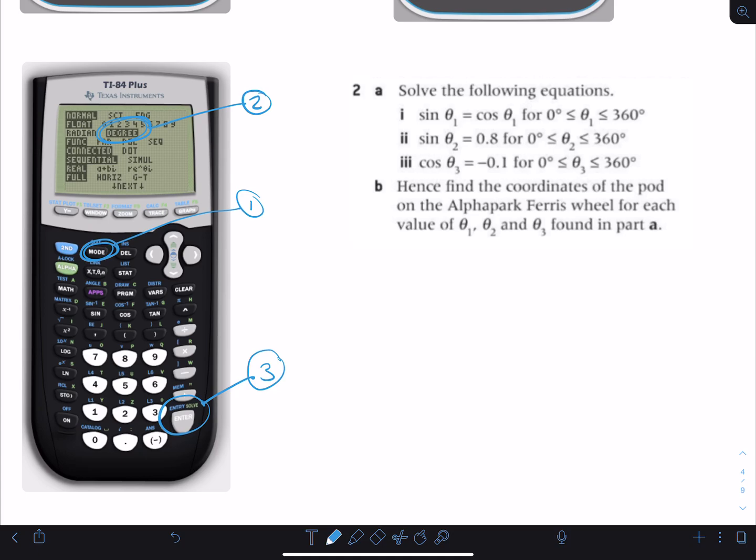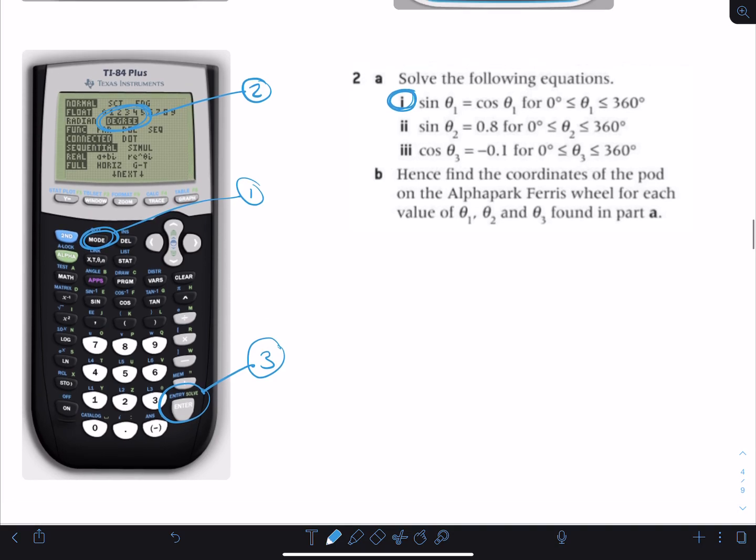Okay, now how do we use this thing? Well, we're going to be using the calculator. I'm sure you're surprised by that. If we take a look at section 11A, questions from there in the SL textbook, they say solve the following equation. So if we just take a look at the first one here, what I do is I'm going to simply put in y1 on my calculator sine x, and in y2 cosine x, and see when they're equal to each other.